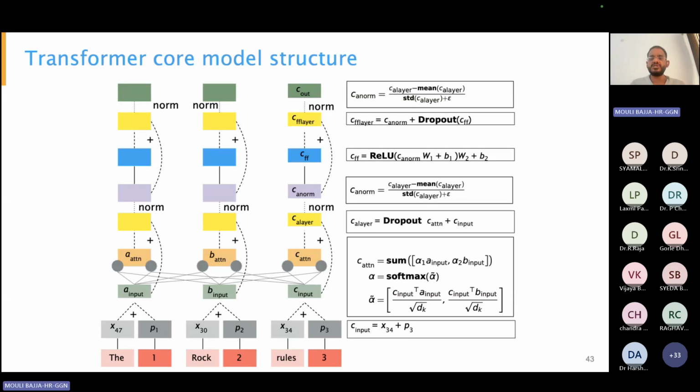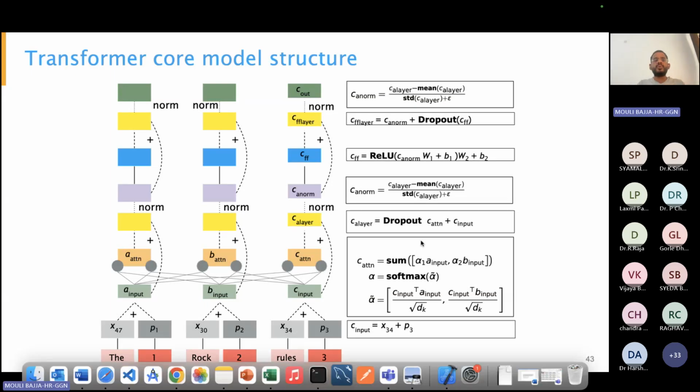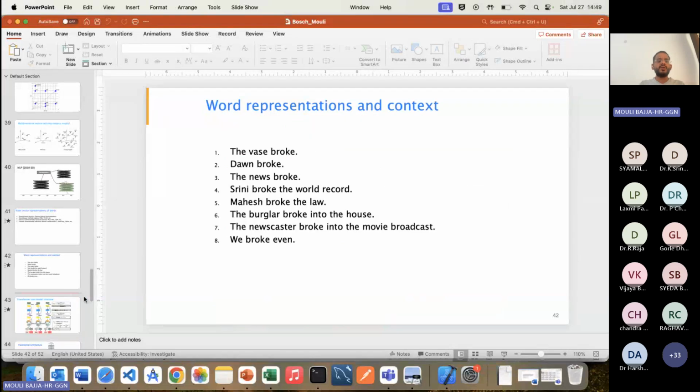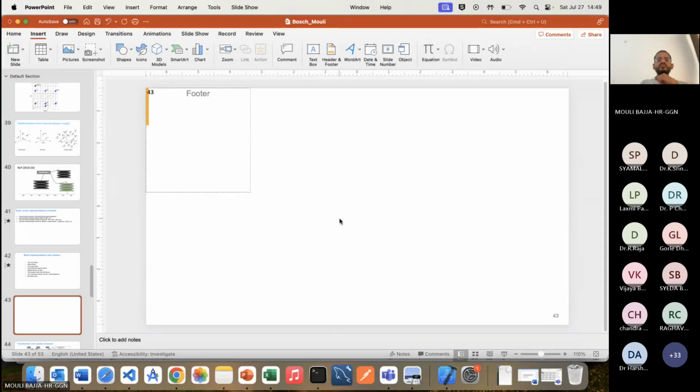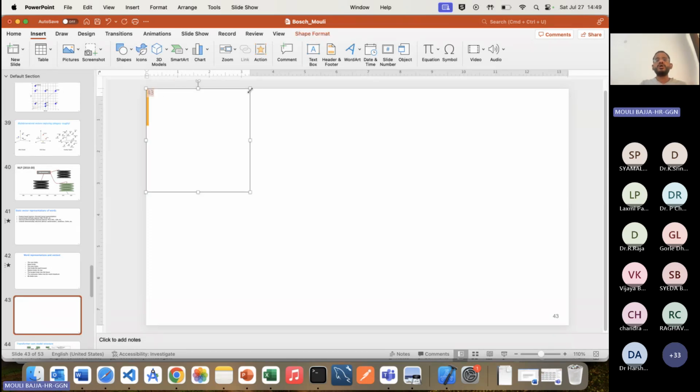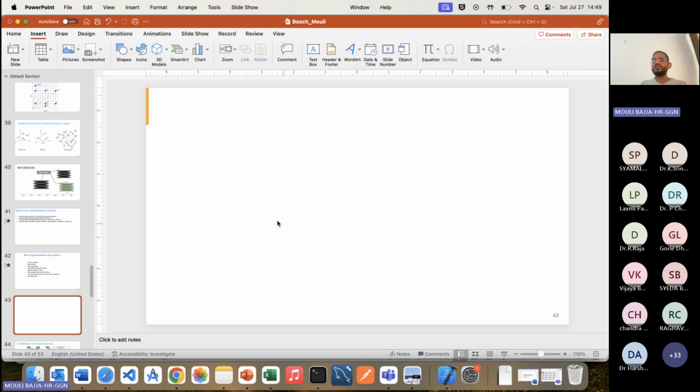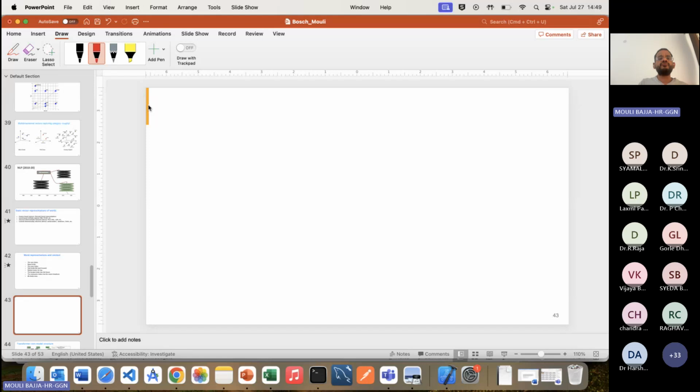Here, this is a busy slide, but I will try to break it into small pieces. The whole idea is how do you create those vectors for each word. Let's take this example of the word what, represented in a 512-dimensional vector.